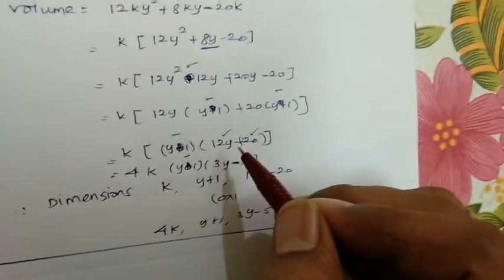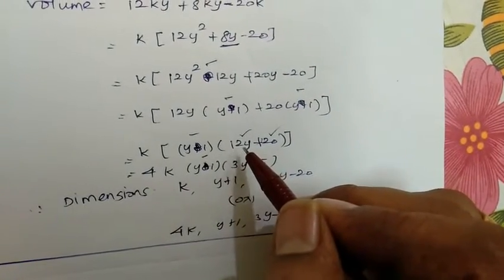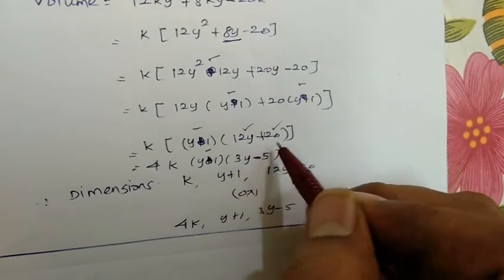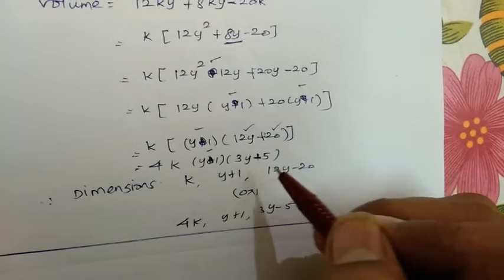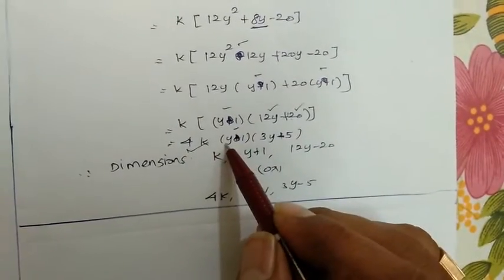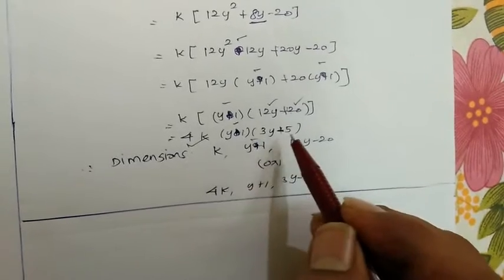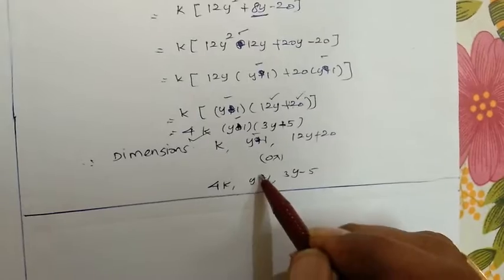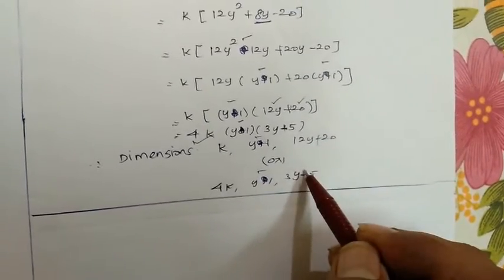So 4 into 3, 4 into 5. 4 we can write outside. So 3y plus 5 is remaining. So now the dimensions are 4k, y minus 1 and 12y plus 20, or 4k, y minus 1, 3y plus 5.